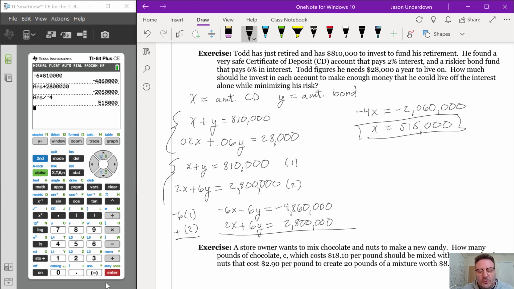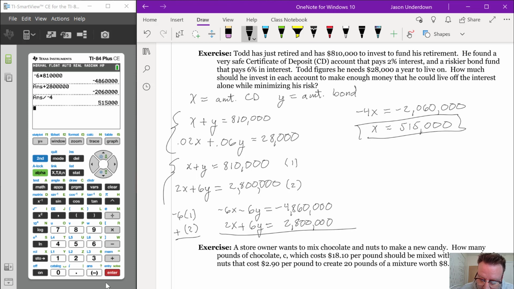Okay, that's a reasonable value. He has $810,000 to begin with. He's going to put $515,000 into the CD account, and then to solve for y, well, I'll just use equation 1. So equation 1 says x plus y have to sum to 810,000, right?